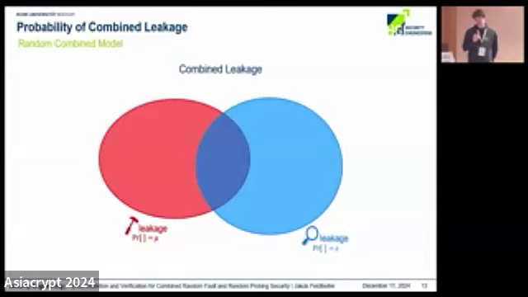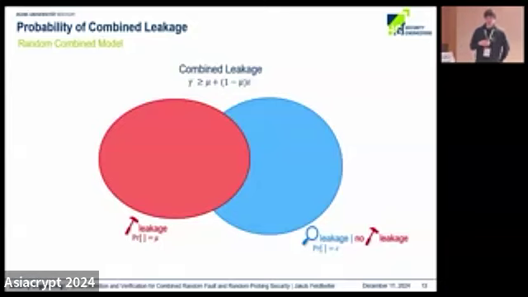So we define the epsilon slightly differently. We take away the cases where we have additional fault leakage, so we say this is only the side channel leakage when there is no fault leakage, meaning when any fault at the output can be detected or corrected. This means that now these two events are independent of each other, which means that we can compute the gamma just as mu plus 1 minus mu times epsilon.